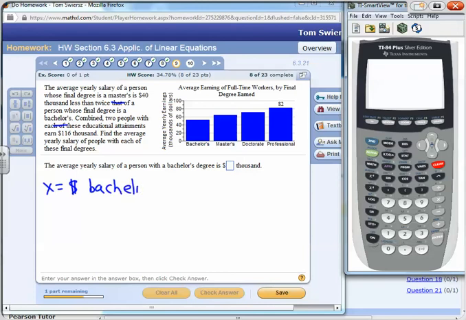Okay? Now, what's the amount of money earned by a master's? It's 40,000 less than twice that of a bachelor's. So it's twice the bachelor's, 2x, but then it's 40,000 less, so minus 40.